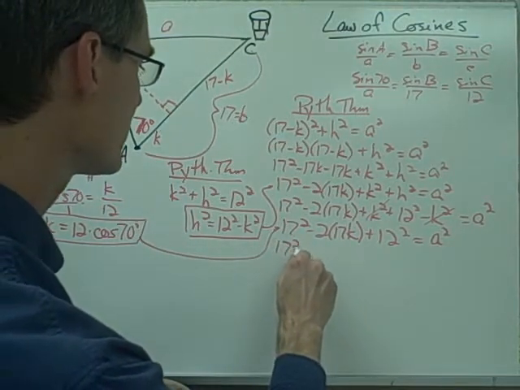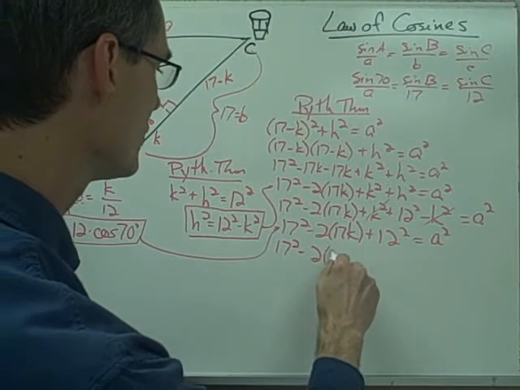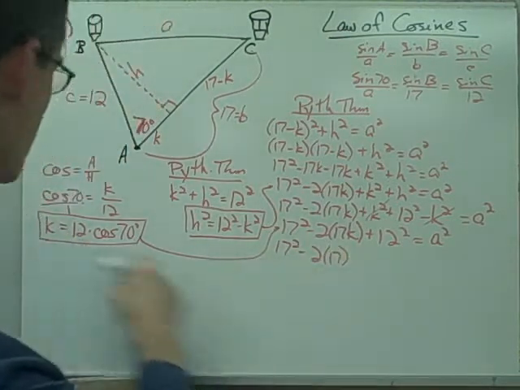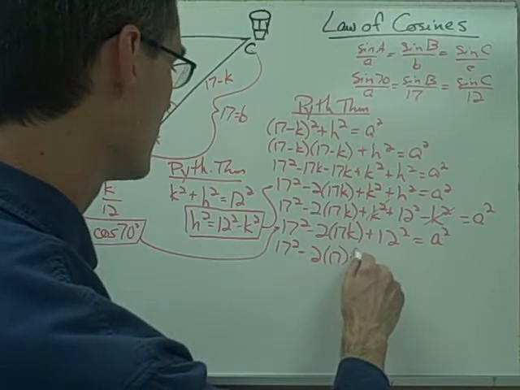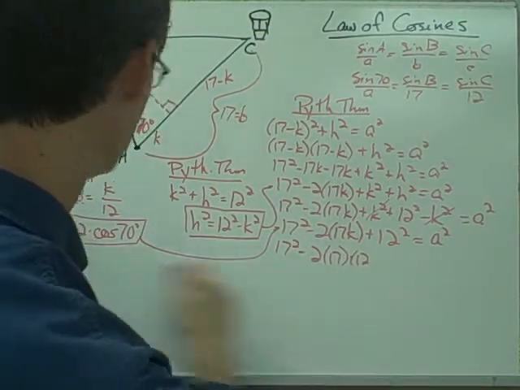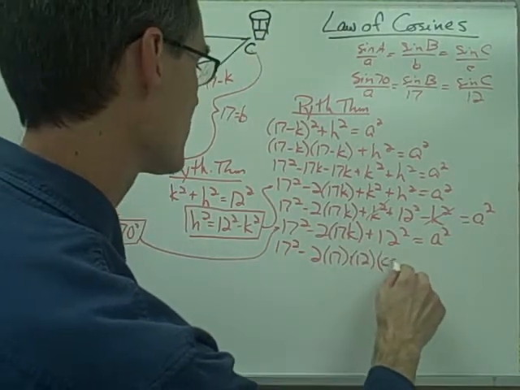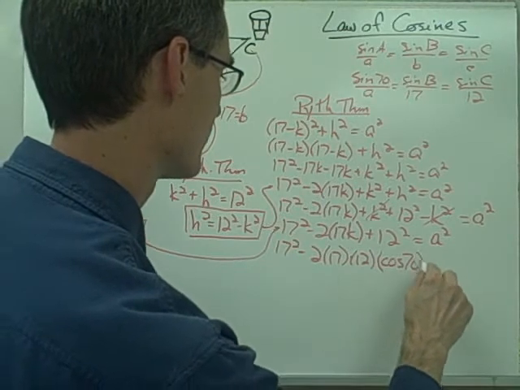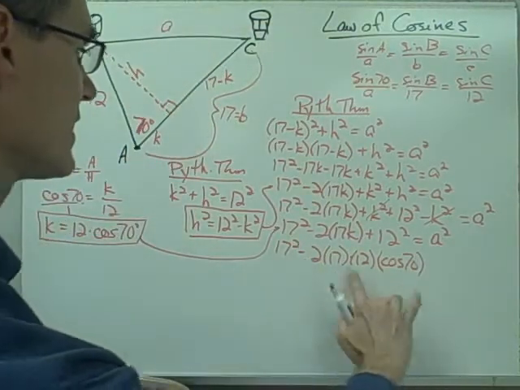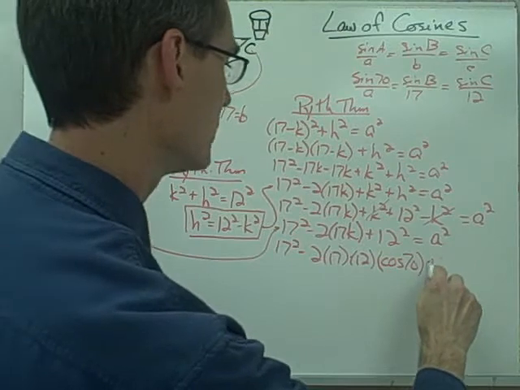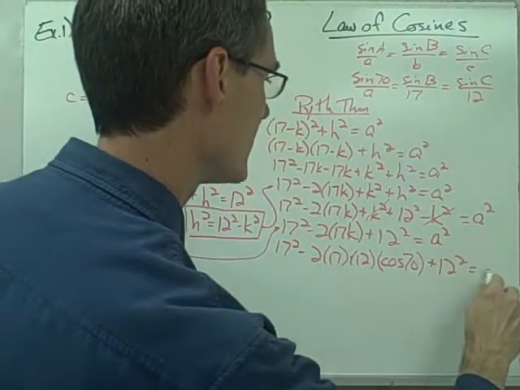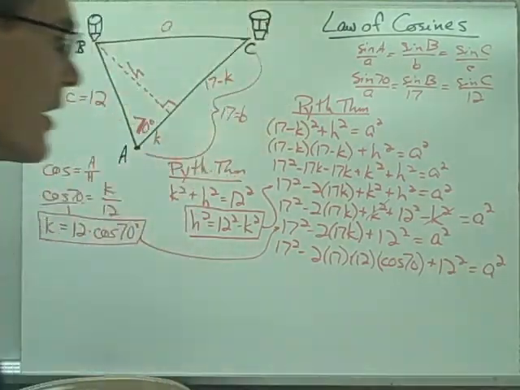That's going to give me 17 squared minus 2 times 17 times k, which is 12 times cosine of 70. There's 2 times 17 times k, plus 12 squared equals a squared.